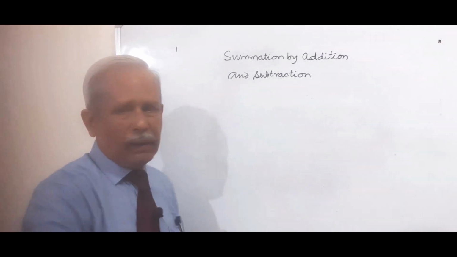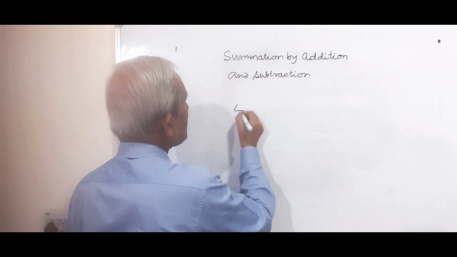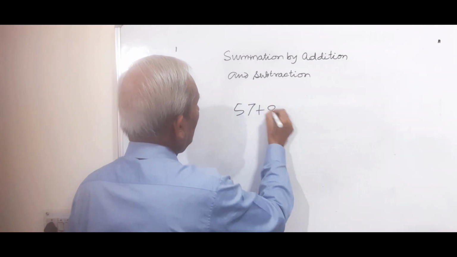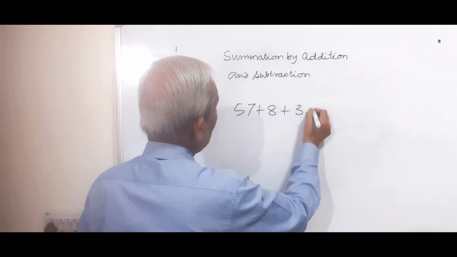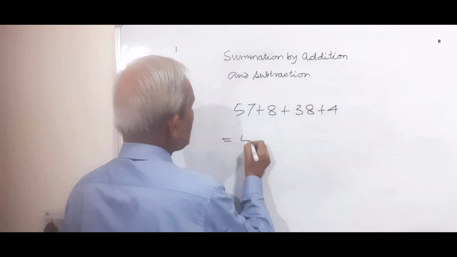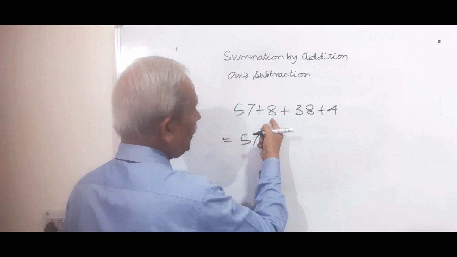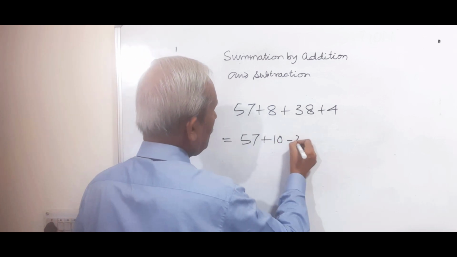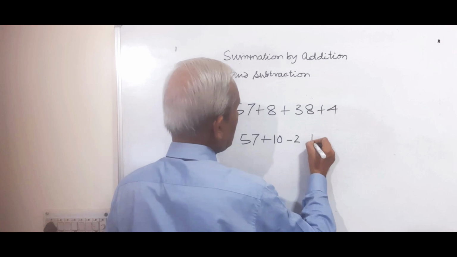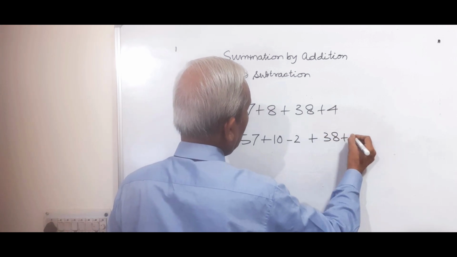Now let me take another example: 57 plus 8 plus 38 plus 4. What we are going to do is take 57 plus 10. We have taken 2 more here, minus 2, plus 38 plus 10.